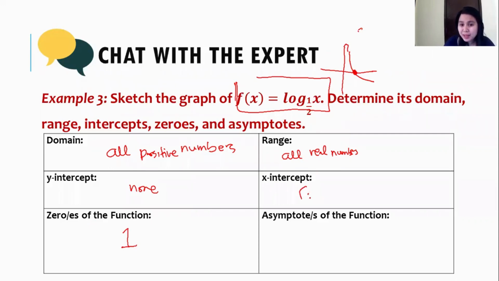It passes by (1, 0). Very good. How about our horizontal asymptote? It's going like this, right? It passes by all points, so none. How about our vertical asymptote? It will never pass by. Very good. It will never pass by the y-axis.